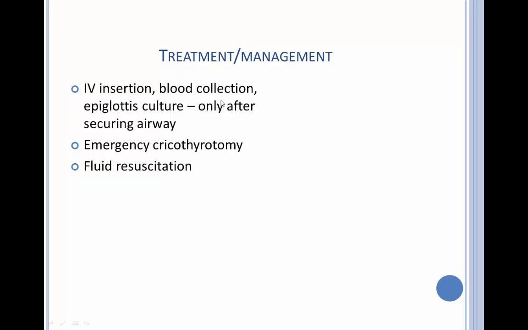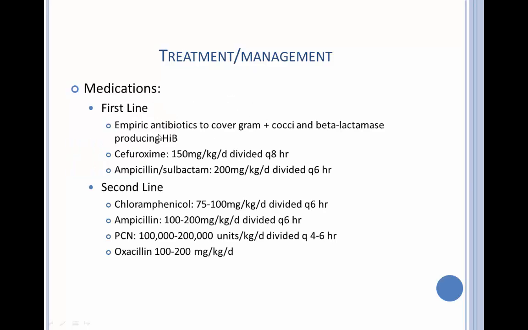IV to give fluids and to provide antibiotic treatment with beta-lactam antibiotics for Haemophilus influenzae. Sometimes, instead of intubation, you have to do emergency tracheostomy and fluid resuscitation. First line is a beta-lactam. You could use cefuroxime or ampicillin-sulbactam.